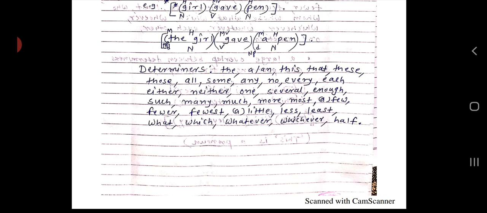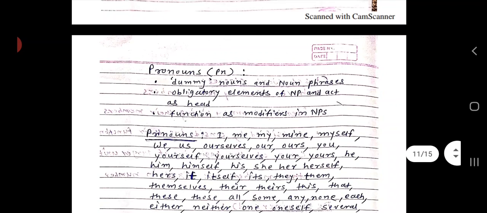The second class of the closed word classes is pronoun. Pronouns are dummy nouns and obligatory elements of noun phrases, and they act as head.